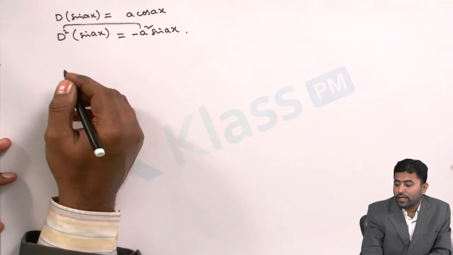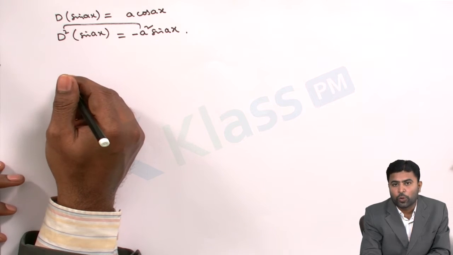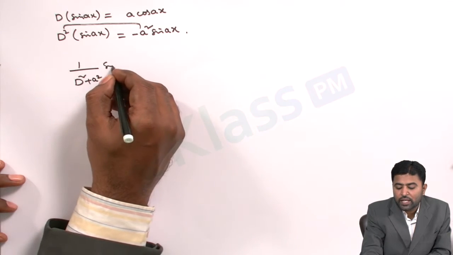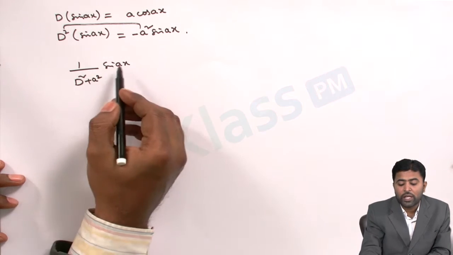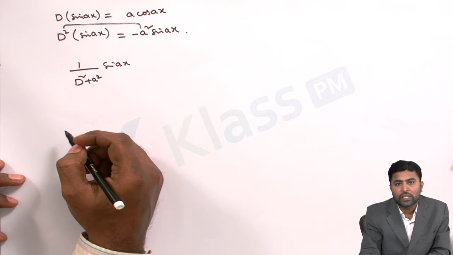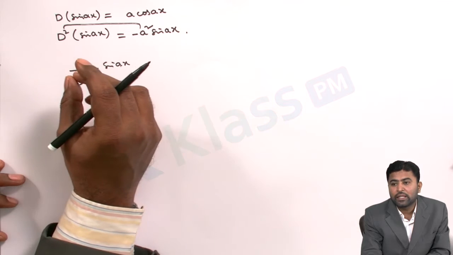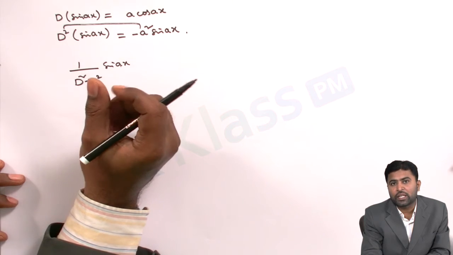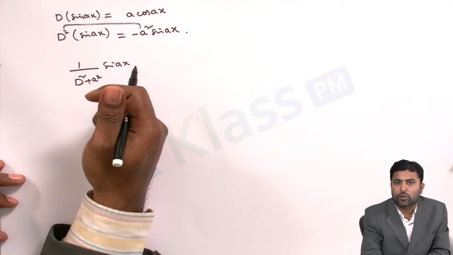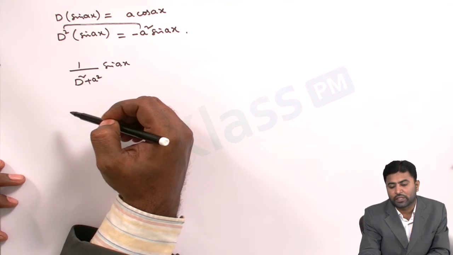Now see the case where the denominator becomes 0. We have written 1 by D square plus a square sin ax. If I replace D square with minus a square, the denominator will become 0. Therefore, I cannot apply the previous formula. As we used the technique in the exponential case, we have to use the same technique here also: multiply the numerator with x and differentiate the denominator.